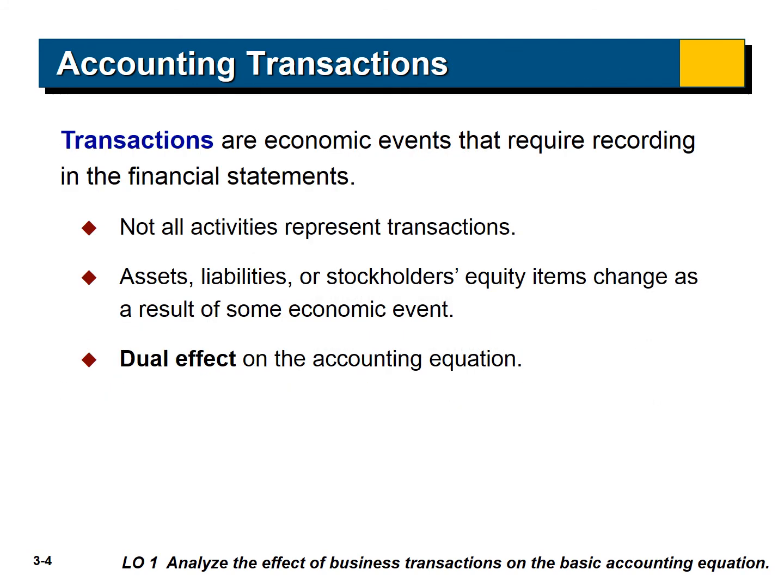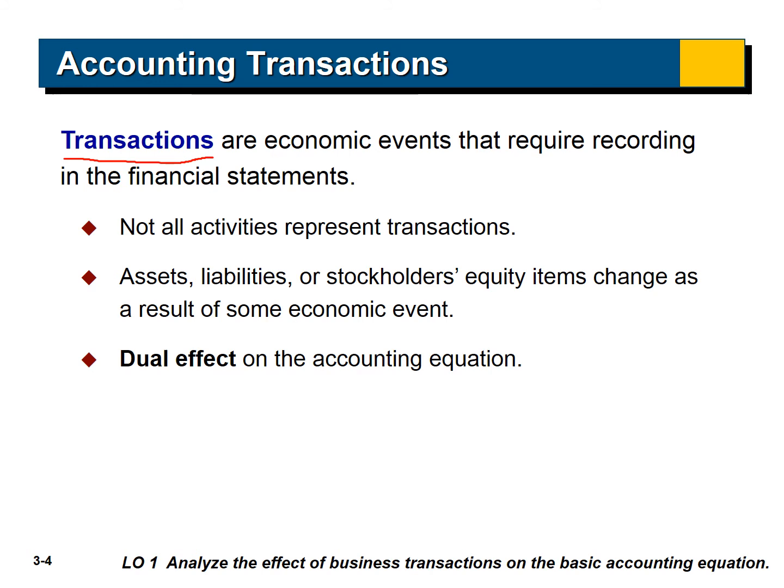So what is it that we're going to collect and record, process, and communicate? Primarily, it's transactions. Transactions are the economic events that require recording in the financial statements. So if you borrow money from a bank, that's a transaction because it's an event that requires recording.